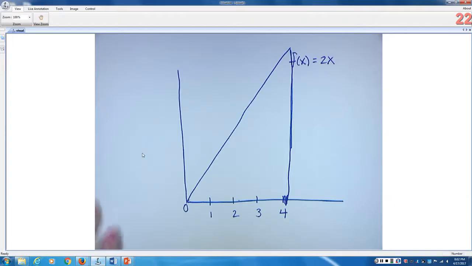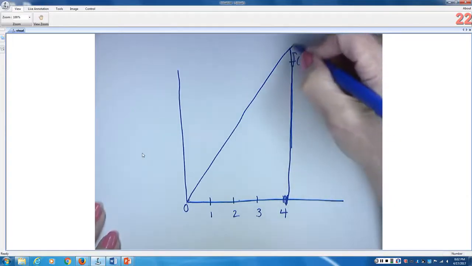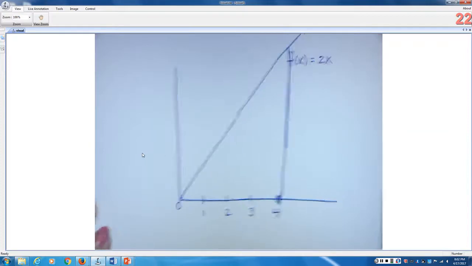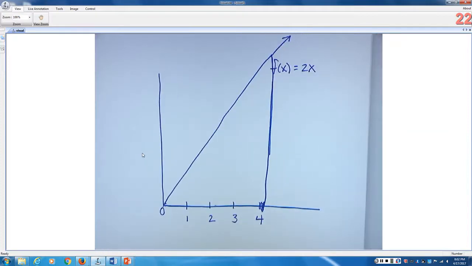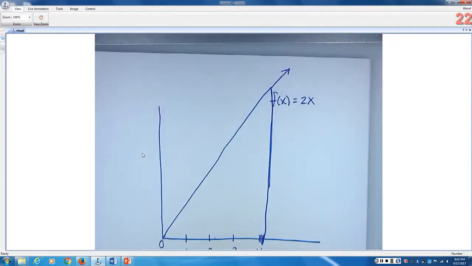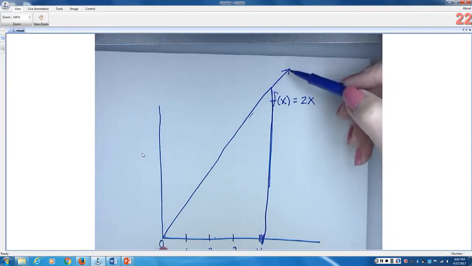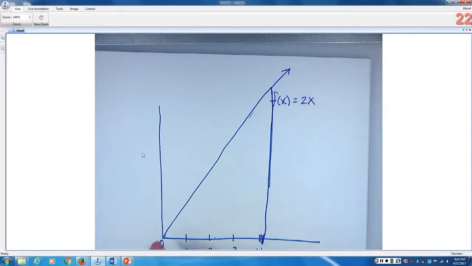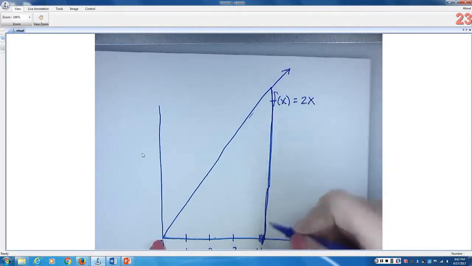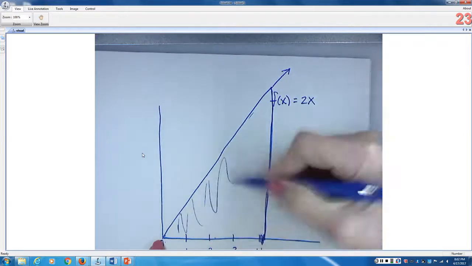Now, pardon my very crude graphing here, please. The line f of x equals 2x has a positive slope of 2. Okay? I'm going from 0 to 4, and I want to know what this area is.